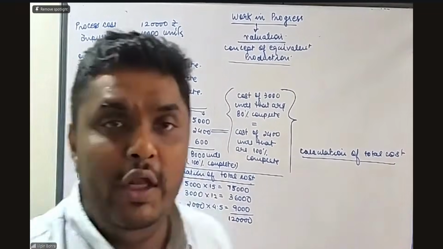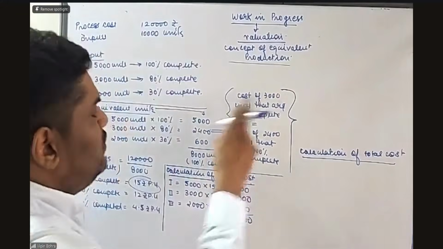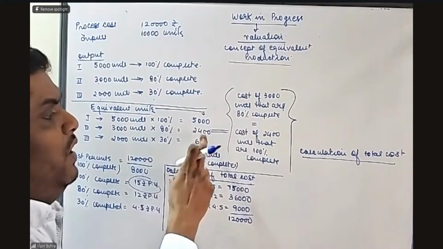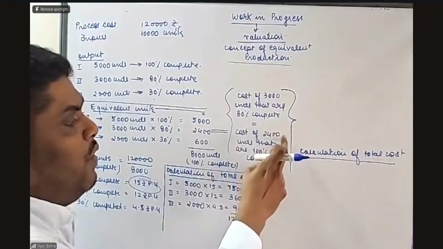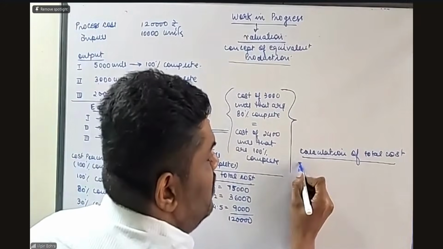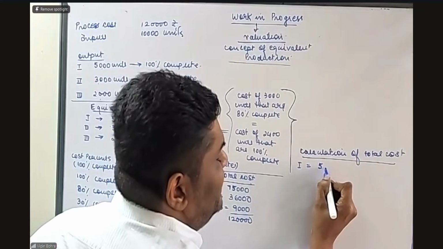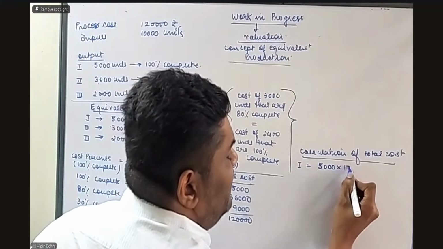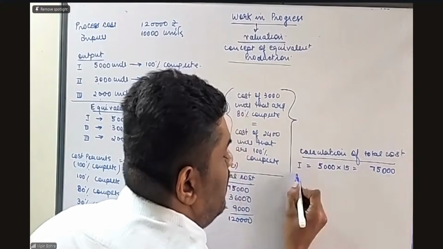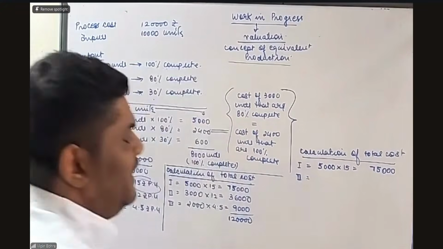I told you that the cost of 3,000 units that are 80% complete will be equal to the cost of 2,400 units that are 100% complete. So for the first category, no change, 5,000 into 15, that is 75,000.